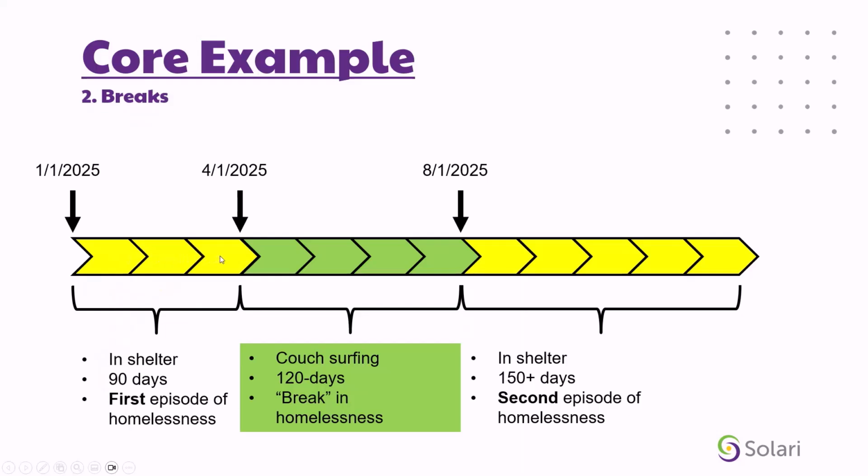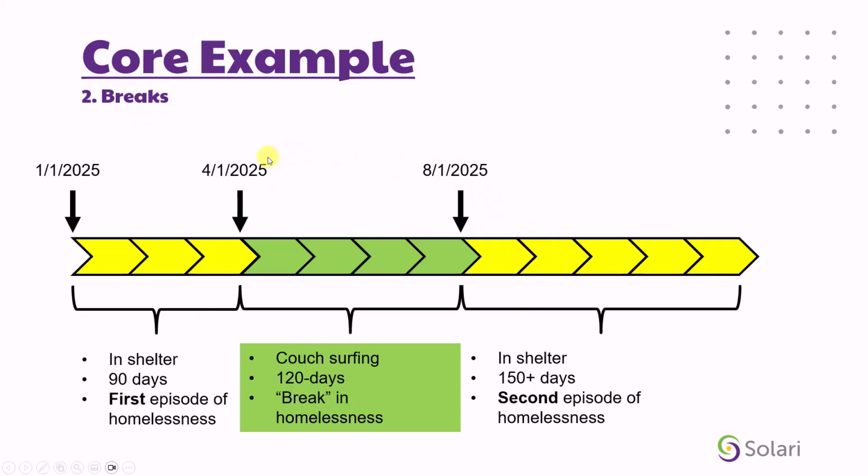Now, after 90 days, they're then couch surfing with someone that they know, let's say their brother, and they're in that situation for 120 days. This would be considered a break in homelessness because it separates the time between this first part of homelessness in shelter from January 1st to April 1st, and the second time the client is experiencing homelessness beginning on August 1st of 2025 in this scenario.